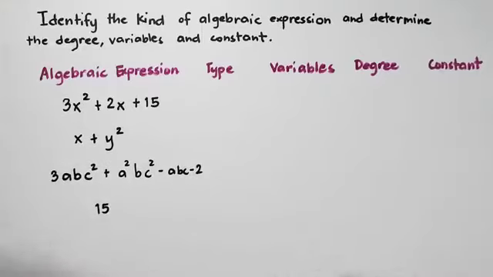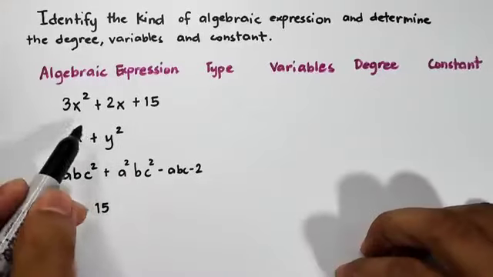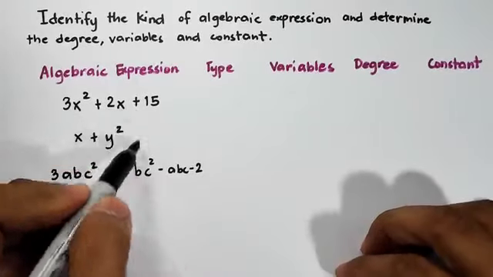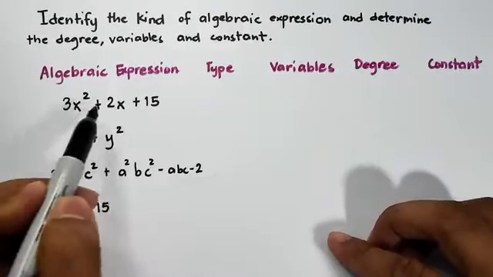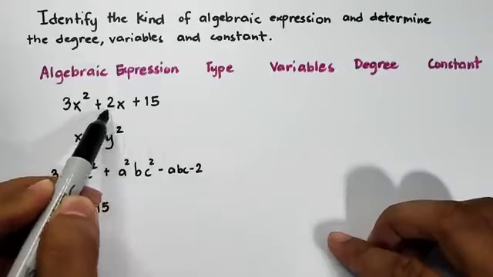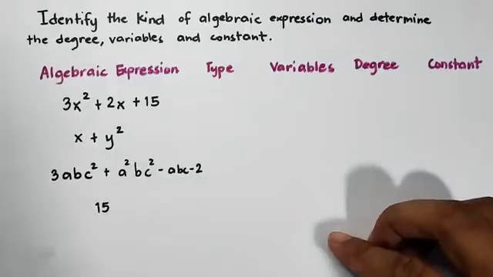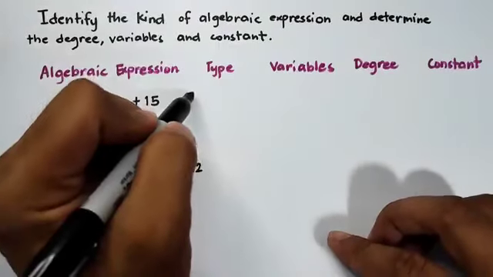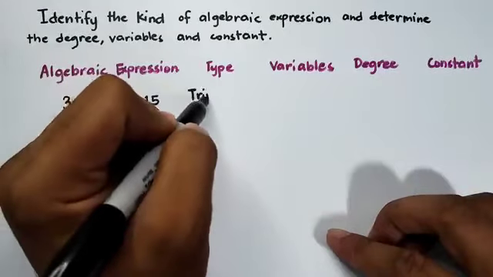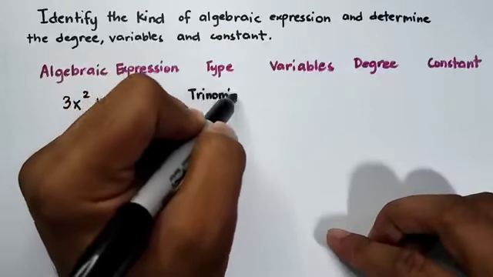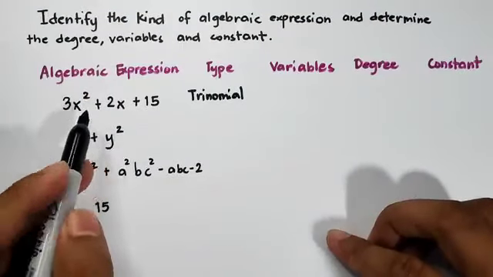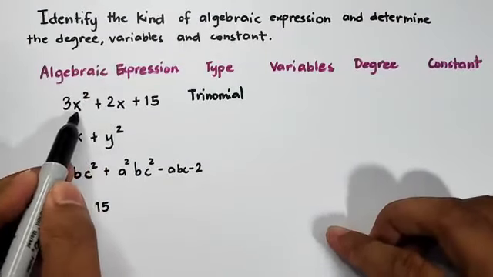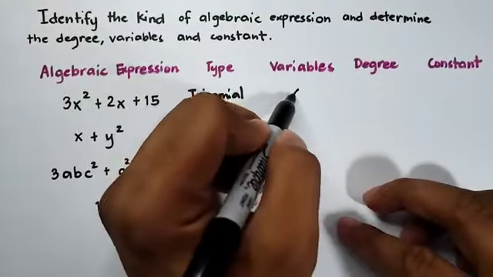So, tingnan natin ha. In the first one, we have 3x squared plus 2x plus 15. Now, ano yung type nito? Ang type nito is that we have 1, 2, and 3. Ibig sabihin, kung meron tayong 3 terms, this one is a trinomial. Okay? For the variable, as you can see, we only have a single variable, which is x.